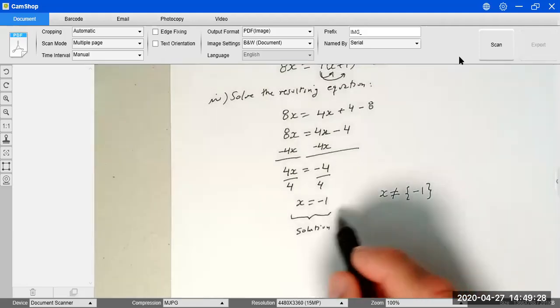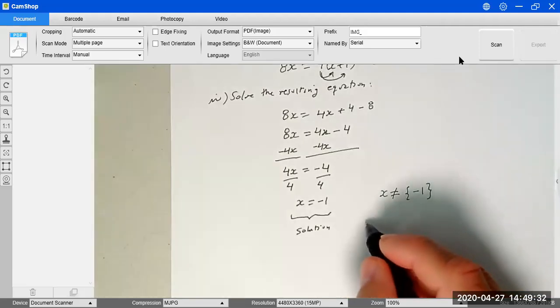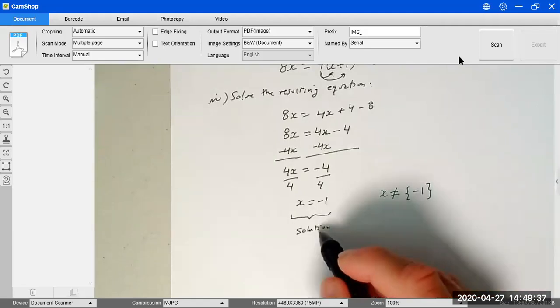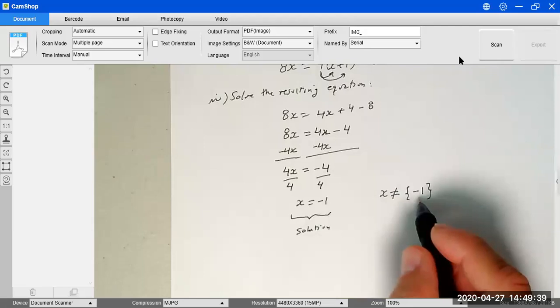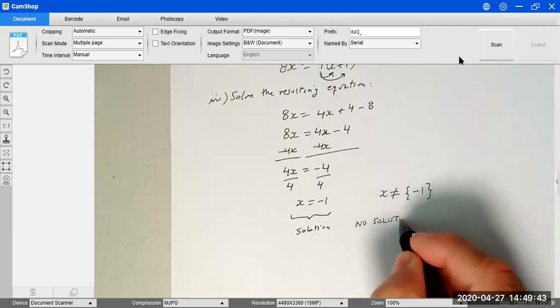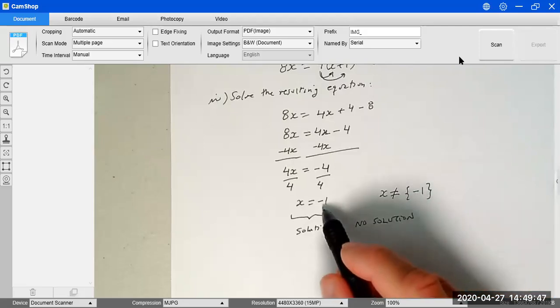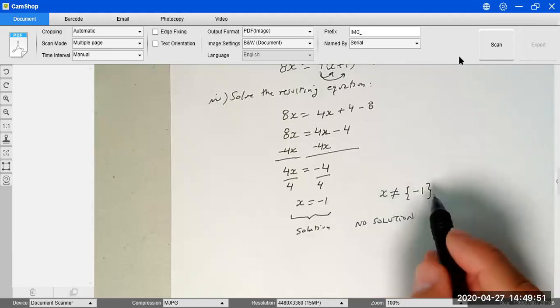Are they the same? Yeah, in this case the restriction and the solution are the same. So that means that we cannot use negative 1 as a solution because it's already a restriction, so no solution. Why? Again, because the value that we found, negative 1, is already a restriction, so you cannot use it.